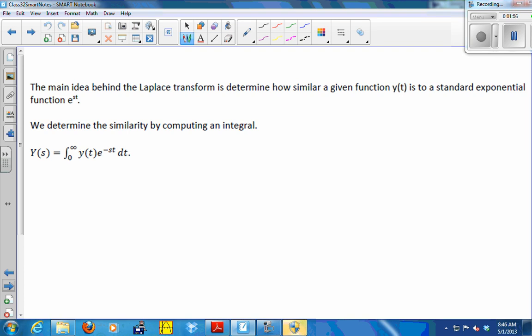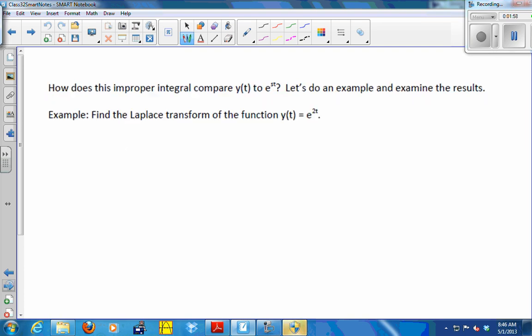We're going to get there. I haven't said it yet. So how does this integral compare y of t to e to the st? Let's do an example and see if the results illuminate how to do the comparison.